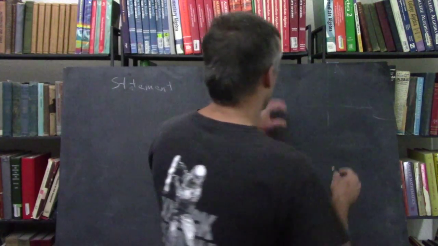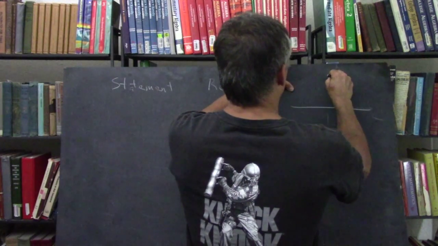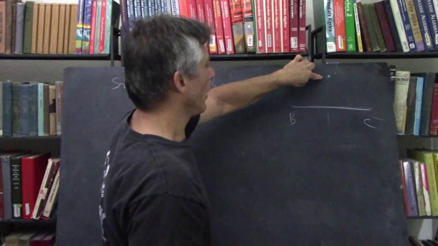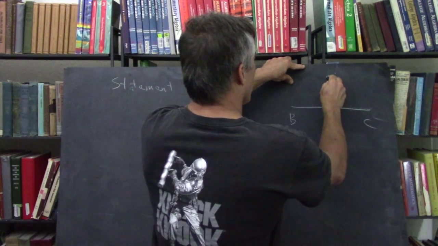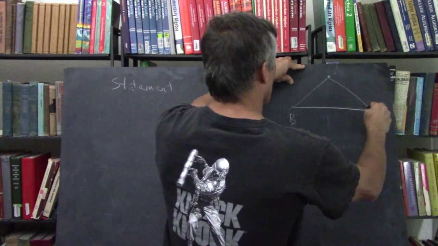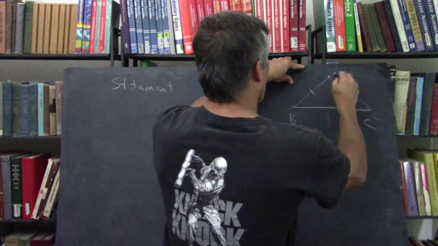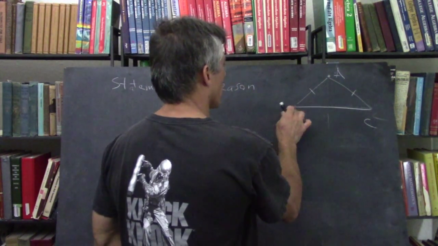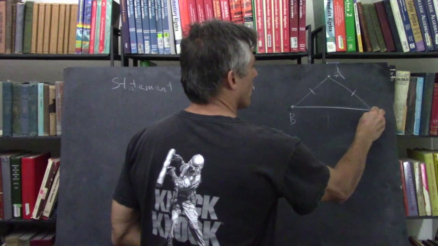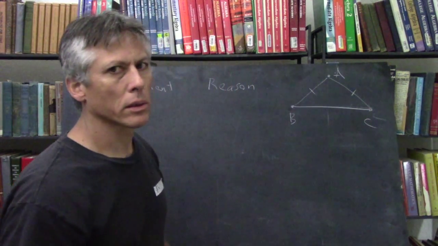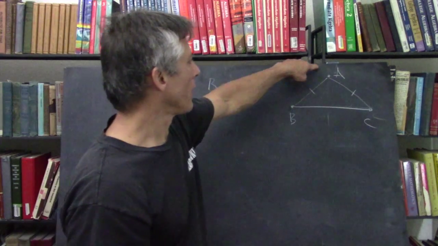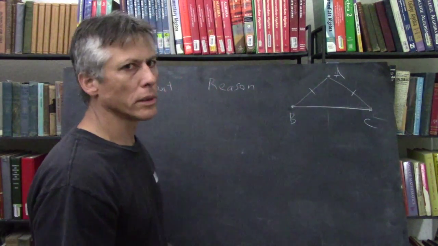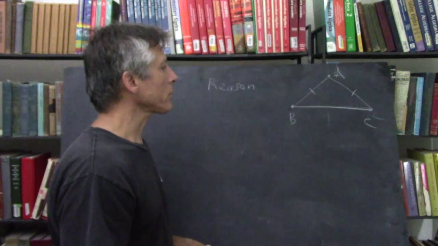So we are given a point that is equidistant from the endpoints of a segment. Okay? That's all we started with. So we have a point in a segment, and this distance is the same as this, and I drew those distances in so we could visualize it.